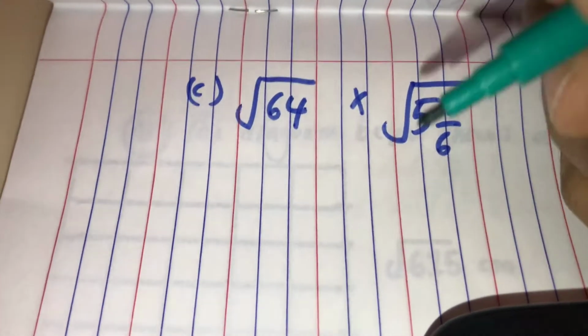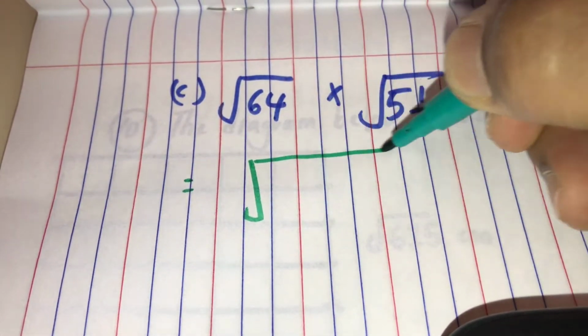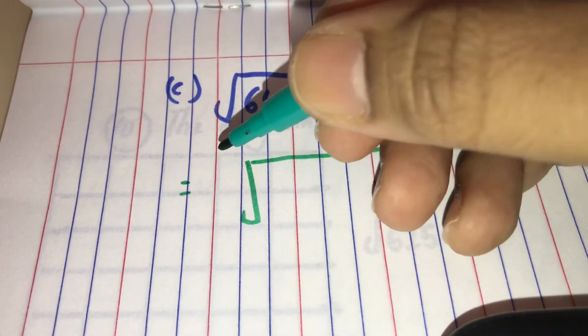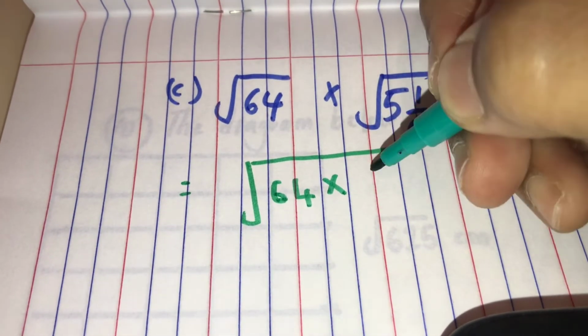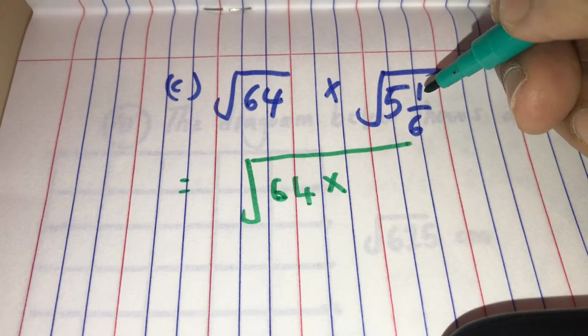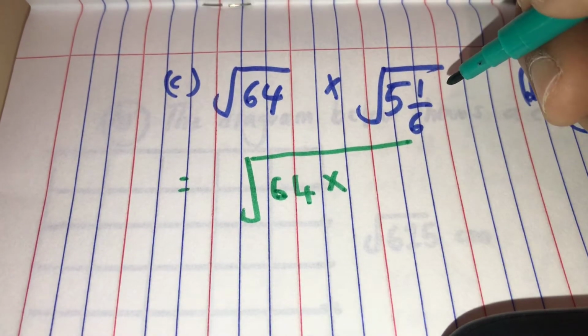Okay, next question, square root of 64 times square root of 5 and 1 over 16. So how to write? You can write a long square root like this, 64 times 5 and 1 over 16. Change to an improper fraction, 5 times 16 plus 1.